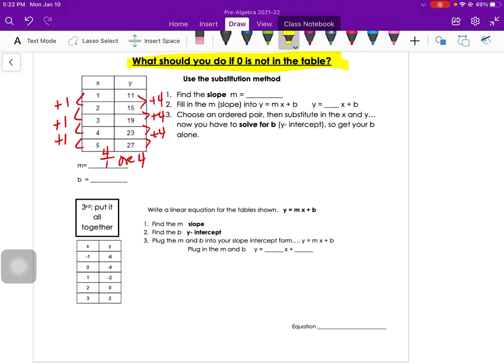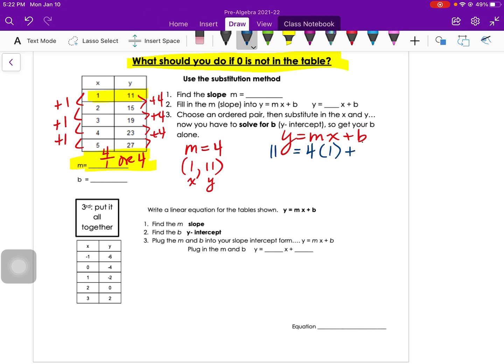Okay, so once you identify the slope, I want to take the slope and 1 point from the table. I've chosen the first one because it's got the smallest numbers, but you can use any one of those 5 points. So I now know slope is 4, and then I'm going to use the point (1, 11) as my x, y values, and I'm going to plug those in to my equation, and I'm going to find b. So when the slope is 4 and x is 1 and y is 11, it looks like this.